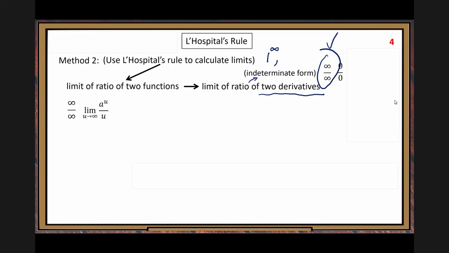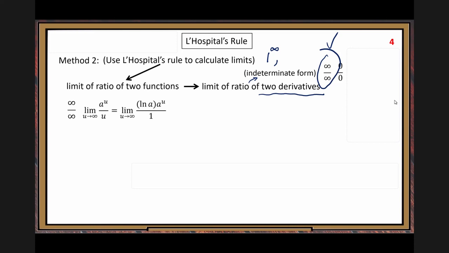So we can apply L'Hopital's rule here. When we apply it, we take the derivative of the numerator over the derivative of the denominator. They are equal, so we apply the formula.